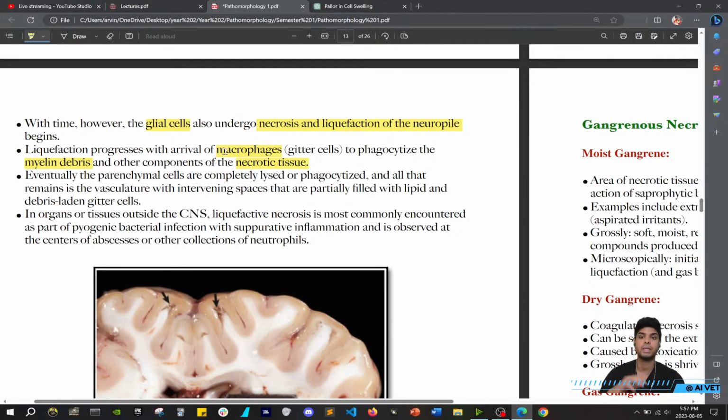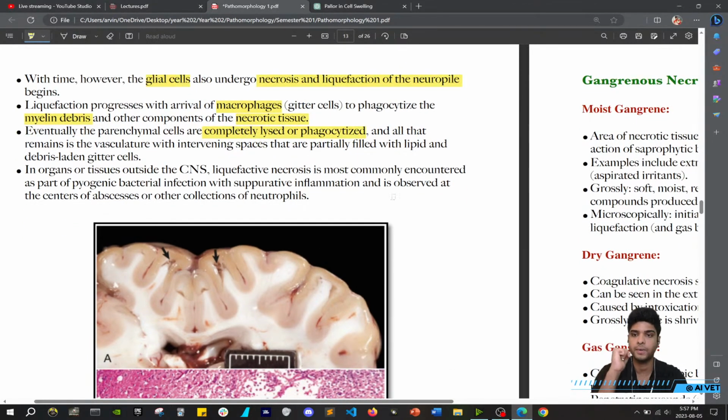Liquefaction also continues with the arrival of macrophages or Gitter cells to phagocytize the myelin debris and other components of necrotic tissue. Eventually, the parenchymal cells are completely lysed and phagocytized. The brain cells, in this case, let's assume they are completely liquefied and gone. All that remains is the vasculature, the blood supply basically, with the intervening spaces that are partially filled with lipid and debris-laden Gitter cells or macrophages, right?